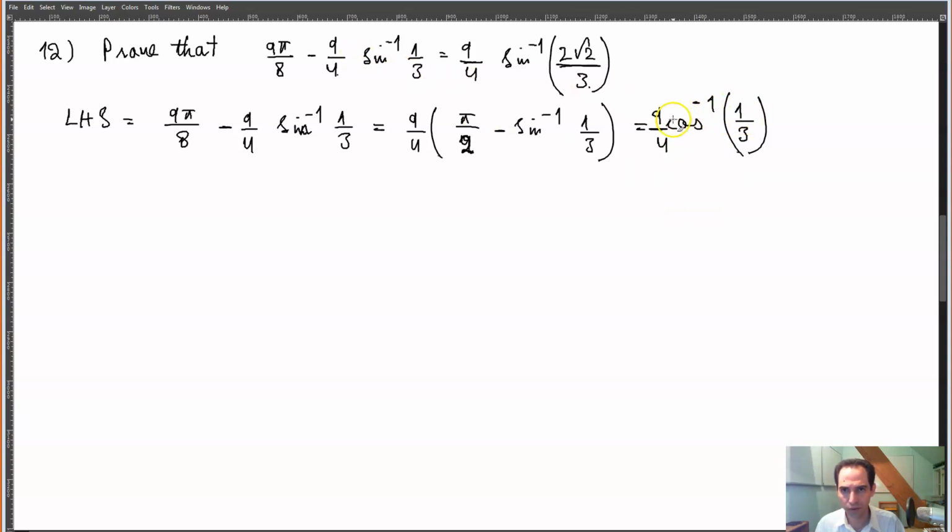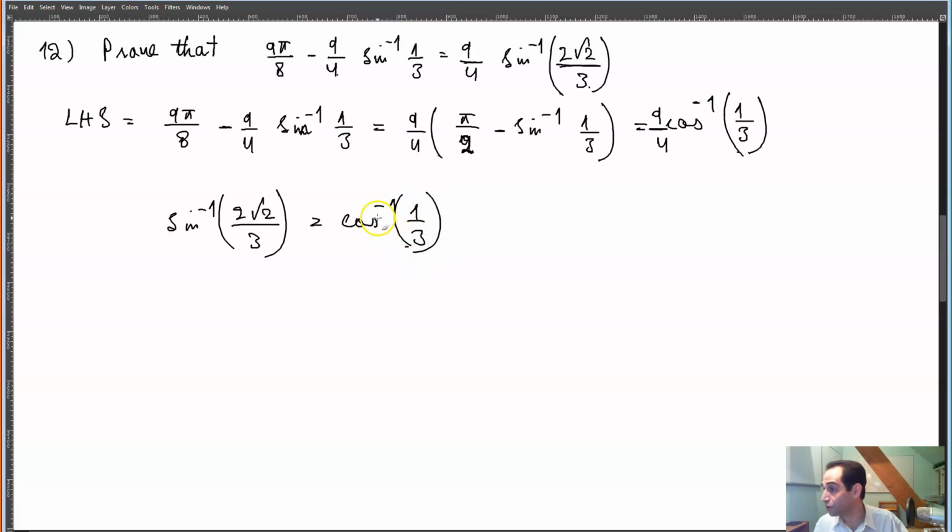So now I need to show this. I need to show that 9/4 cos inverse of 1/3 is the same thing as the sine inverse of 2 square root of 2 over 3. 9/4 and 9/4 are the same, which means that I need to show that the sine inverse of 2 square root of 2/3 is the same thing as the cos inverse of 1/3.